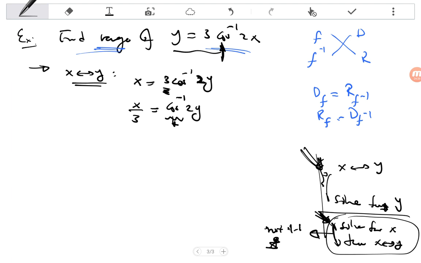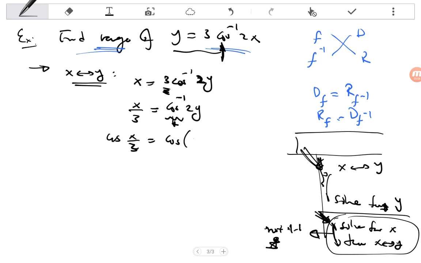By operating the inverse of this function on both sides. That is exactly what we have done the inverse for. The inverse function is just a function that inverts the operation of a given function. So I will just operate by cosine on both sides.